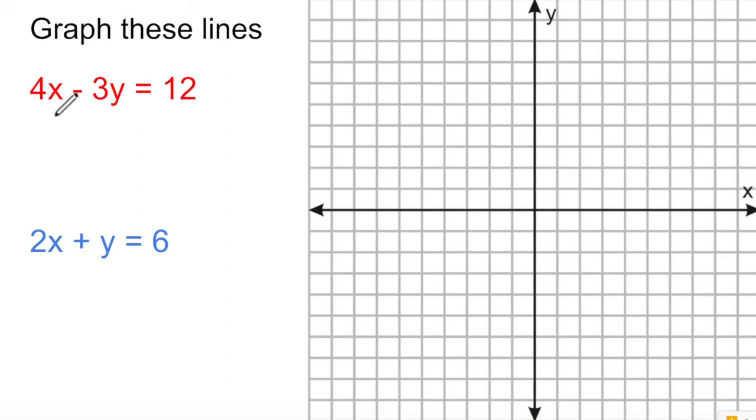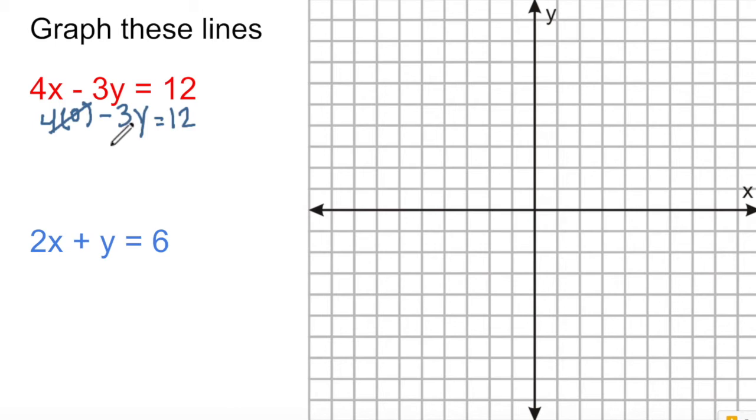So if we put in a 0 for x, 4 times 0 minus 3y equals 12. Now we can ignore this 4 times 0 term, right? Because 4 times 0 is 0. So that we can ignore that term. Negative 3y equals 12.